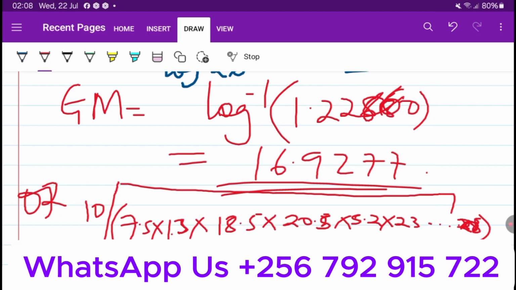The whole answer you get, now you will get the 10th root. What I want us to know is how do we press that on a calculator.